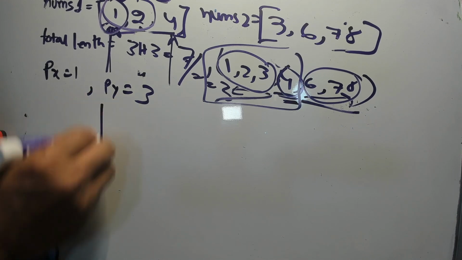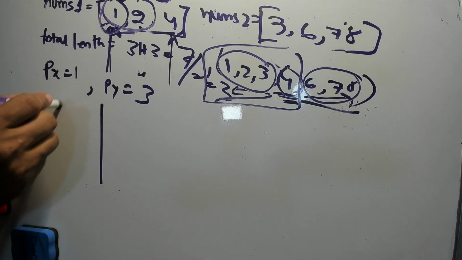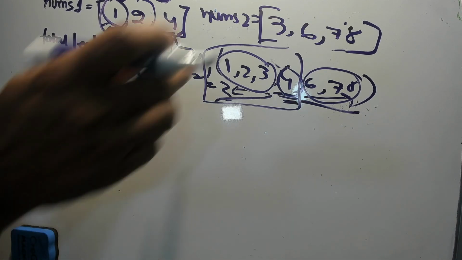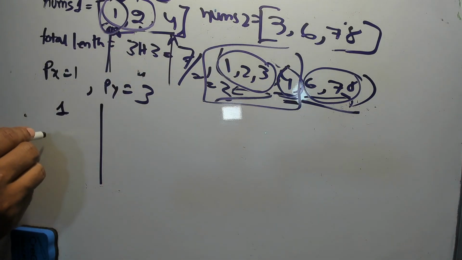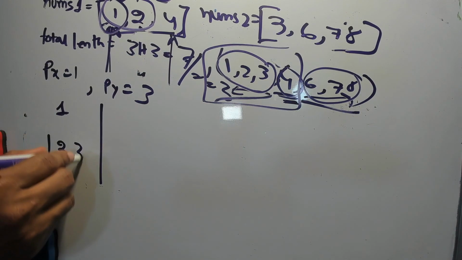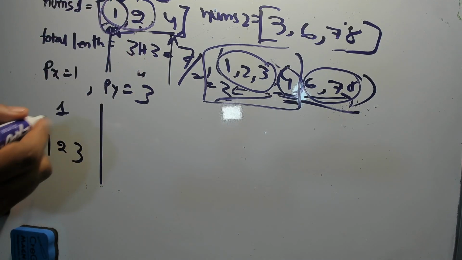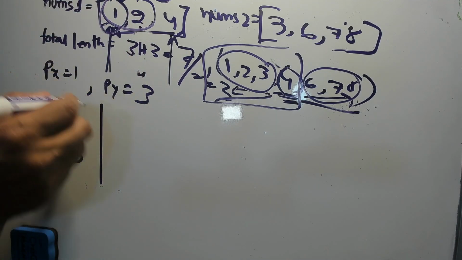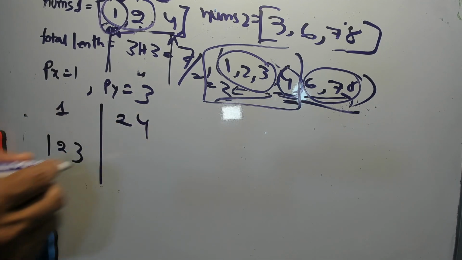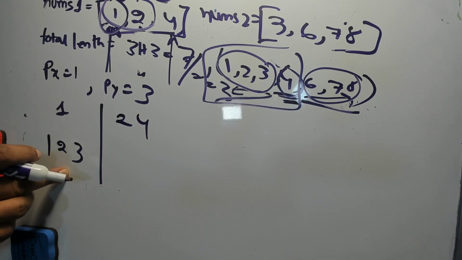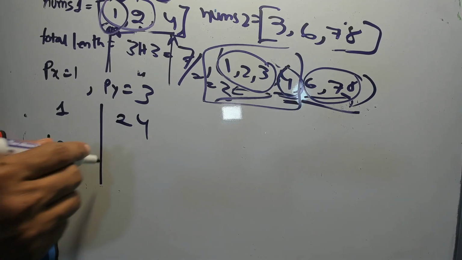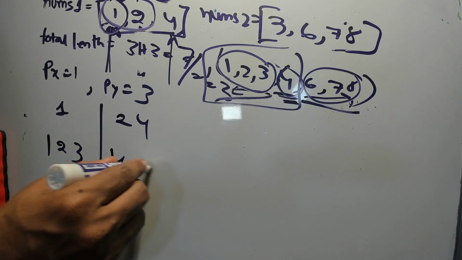What it means is from the nums1 array we picked up 1, and from the nums2 array we picked up 1, 2, 3 items. So what remained in nums1 array is 2 and 4, and what remained in nums2 array is 4, 6, 7, 8.